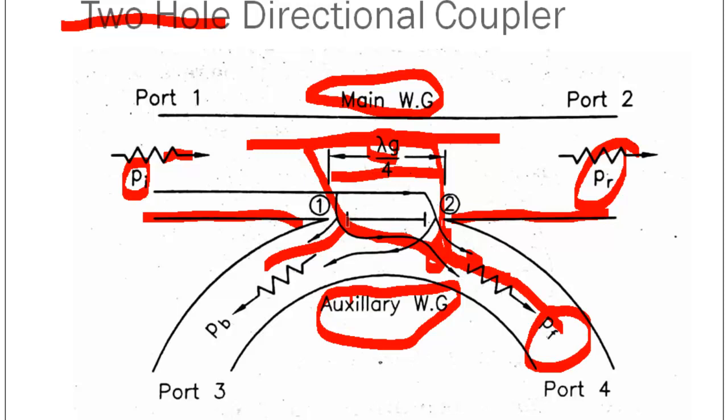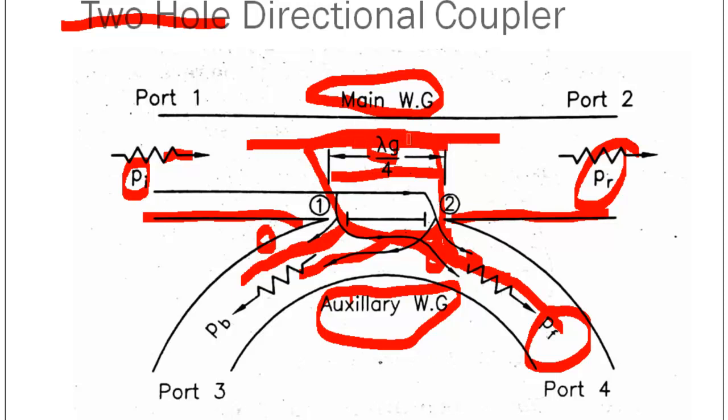But when the power is sampled or coupled by hole number 1, like this one, it has a 0 electrical path length, but the signal coupled by hole number 2 goes in this direction, and at port number 4 it will also be coupled to port number 3. But here we have to concentrate on the power traveling from hole number 1 to hole number 2, right?